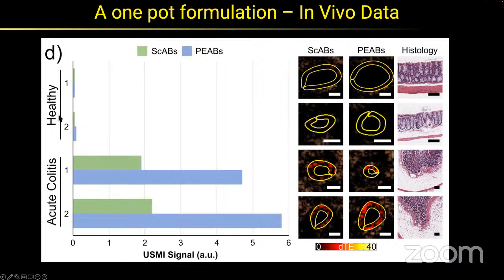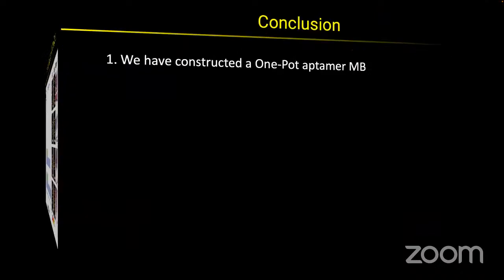So it seems that even though we're getting less aptamer onto our surface, if we make this one pot formulation where we just add everything and activate it, we can do molecular imaging. And then all we have to do is give that to the clinician. They just heat it up, activate it, and they're ready for imaging.